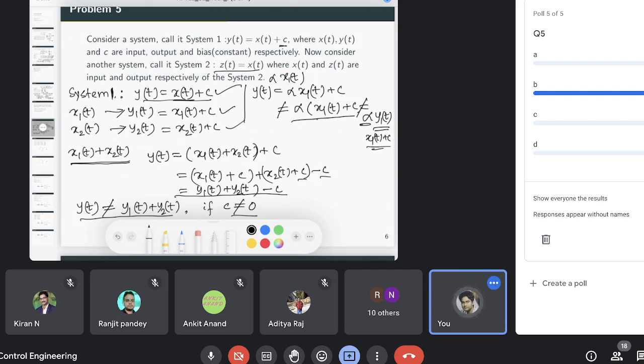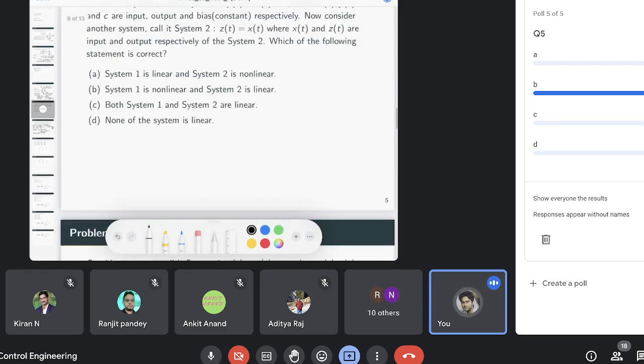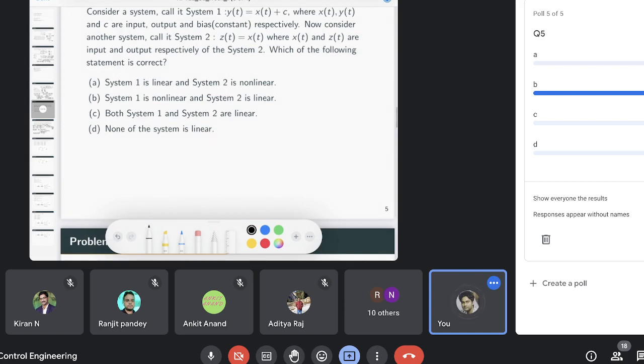So the presence of this constant term makes it not linear by definition, so it's called affine. System 1 is non-linear depending on our definition, that is, it does not satisfy the homogeneity and superposition properties, but system 2 satisfies both superposition and homogeneity, so system 2 is linear. Okay, is it clear?